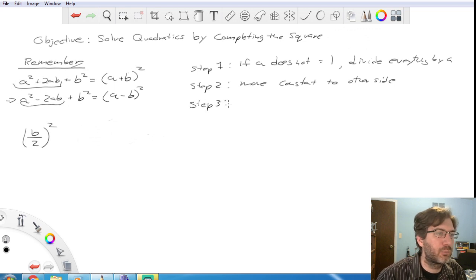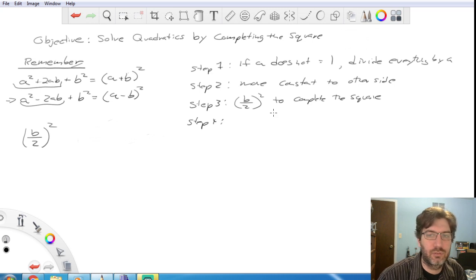Step 3 is actually completing the square, which is using that b over 2 squared to complete the square. Step 4 is, how did I word this? Write the left side as a square and simplify the right side.